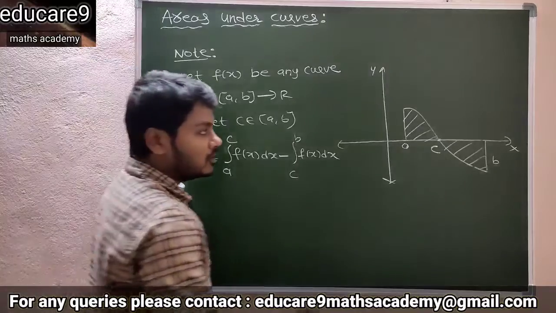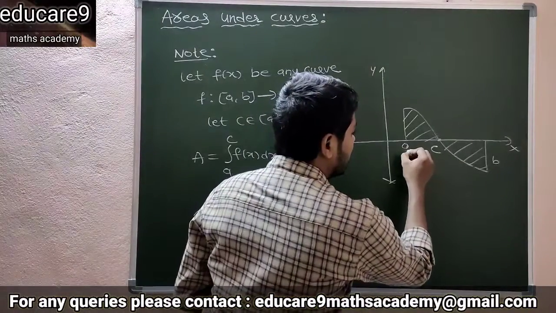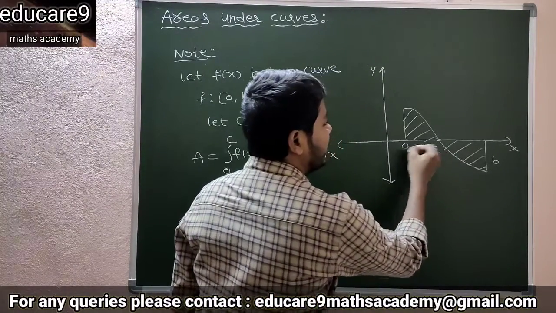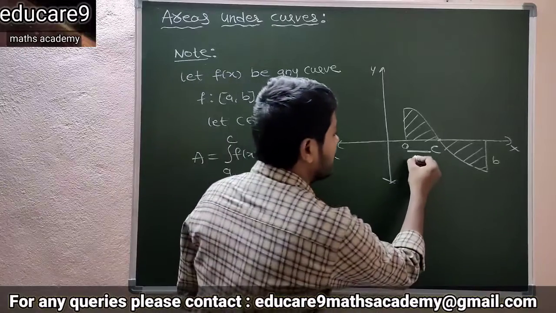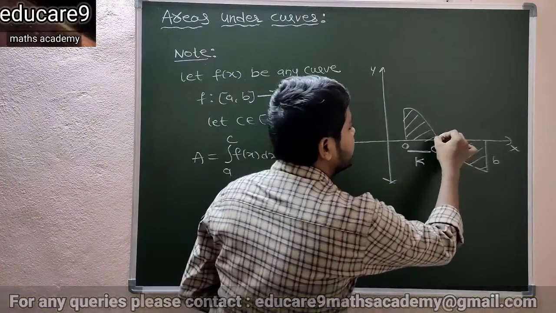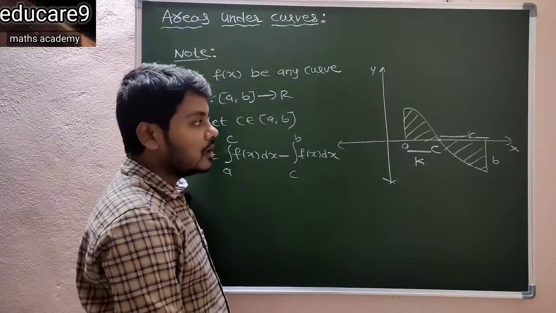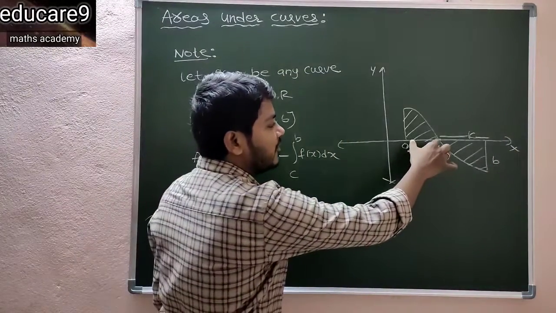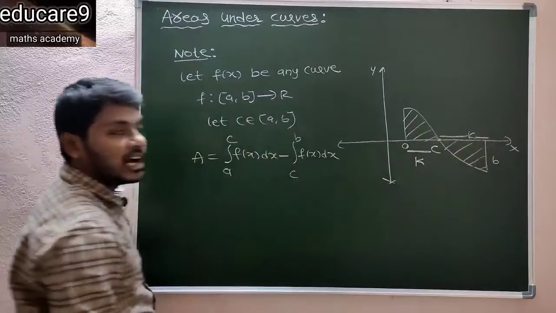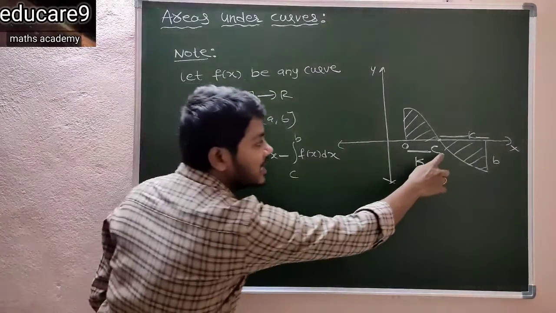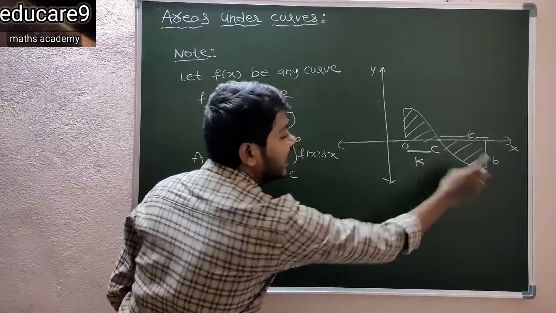So for example, this distance between a and c is some k, and here the distance between c and b is also k. So the distances between a and c, and c and b, are equal. Clearly in that case c is the midpoint of a and b.